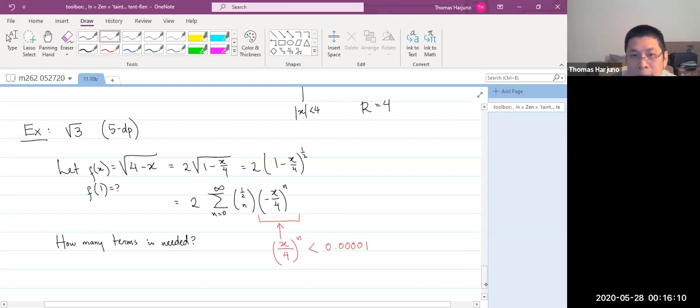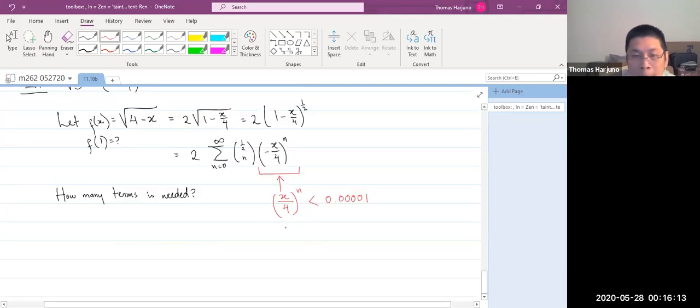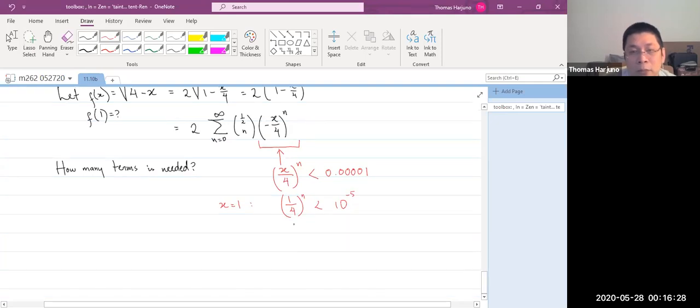Is that right? And by the way, my x later on will be replaced by 1. So I just need 1/4 to the n to be less than 10 to the power of -5. In other words, this is 4 to the power of -n less than 10 to the -5. If I do the reciprocal, then 10 to the 5th should be less than 4 to the n.